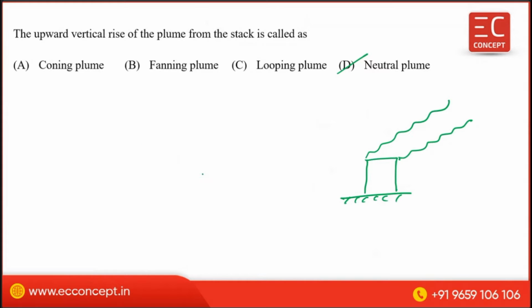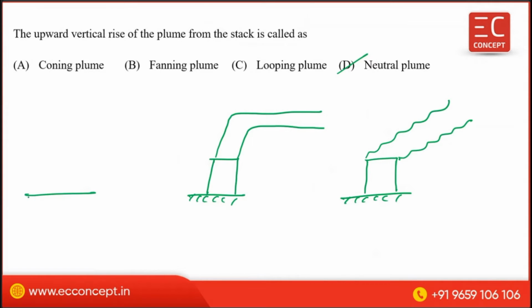Whereas the fanning plume is, okay, this is called as a fanning plume. Okay, this is called as a coning plume. The vertical rise of plume. Okay, just vertical. Like the stack, if it rises vertically in the same way, it is called as a neutral plume.